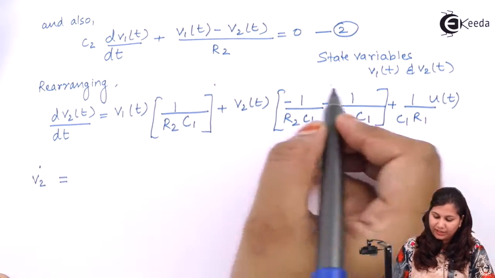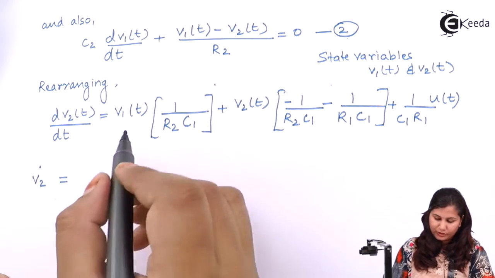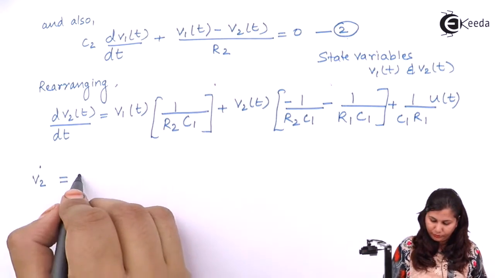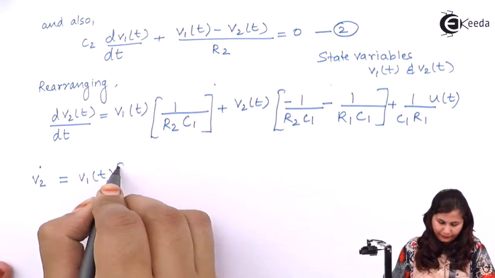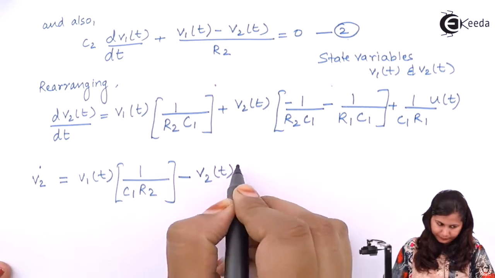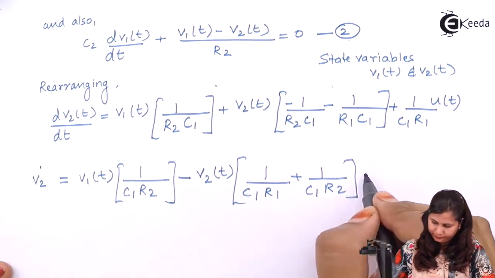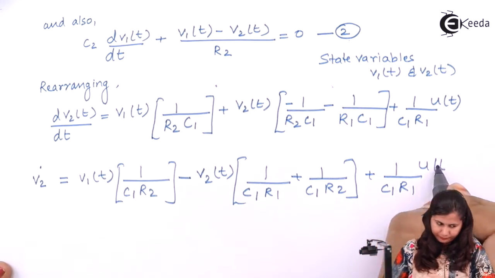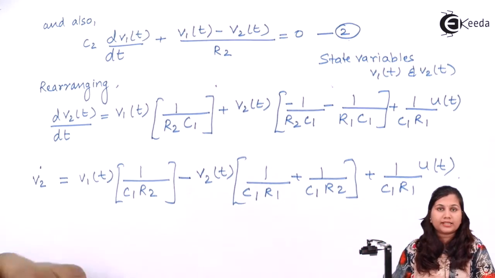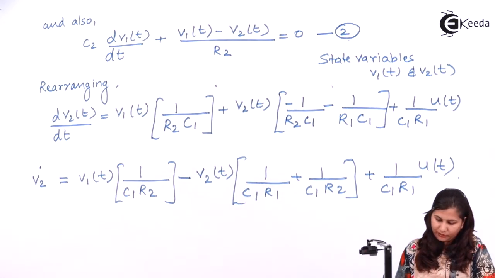So this equation is the derivative of the state variable V2. So this will be equal to V1(t) times 1 upon C1R2. Okay, so this is the equation for V2 dot, or the derivative of the state variable.